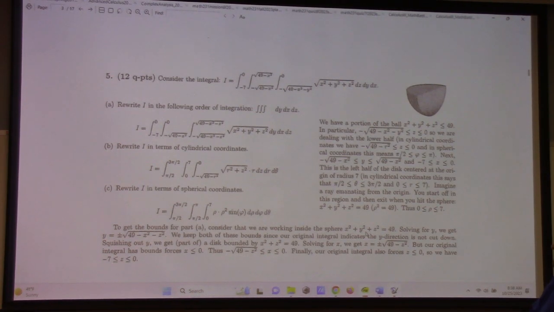The y is sweeping the full thing, from the square root to the minus the square root. So the y is going completely, but the outer x is only going over the negative half. So it's only a quarter of the sphere, actually, because it's the lower half, and of the lower half, it's only half of the x.